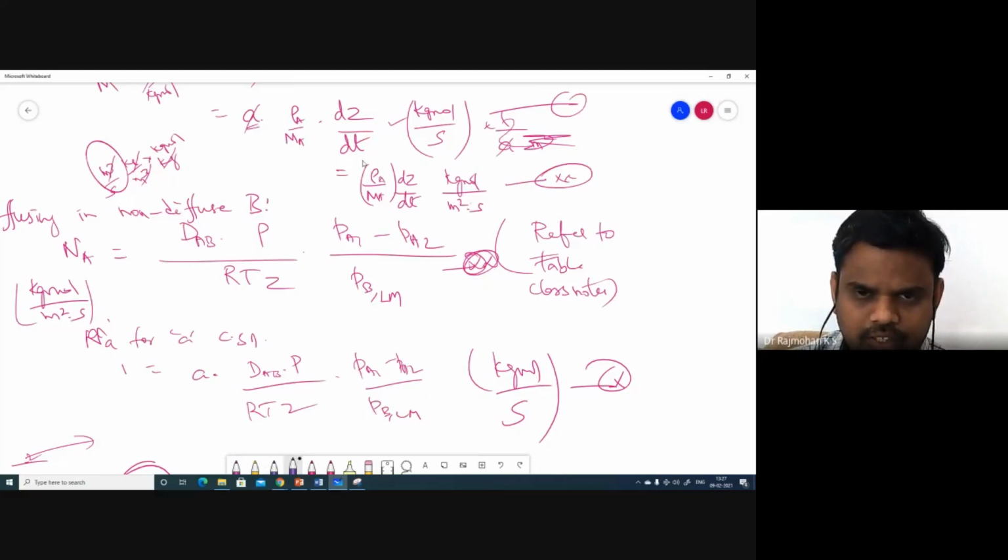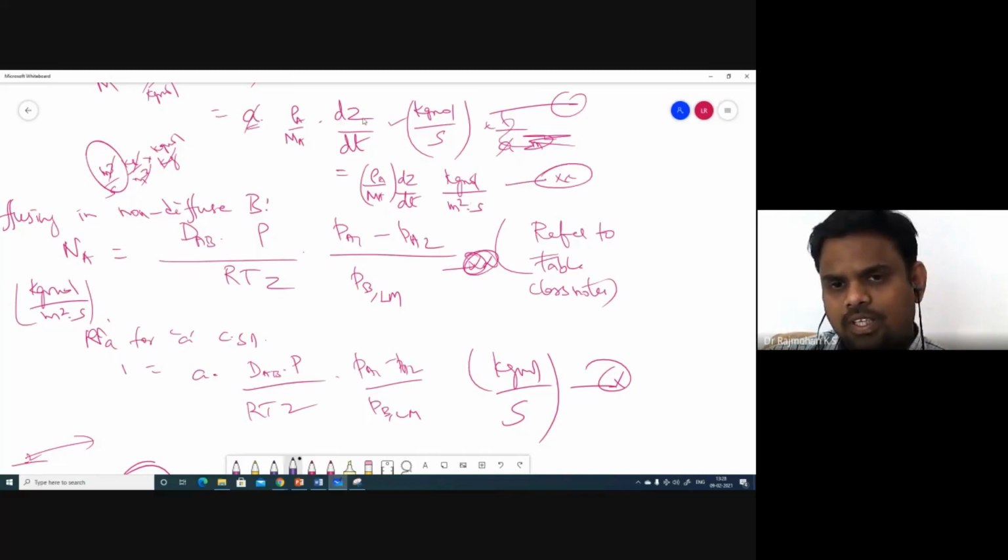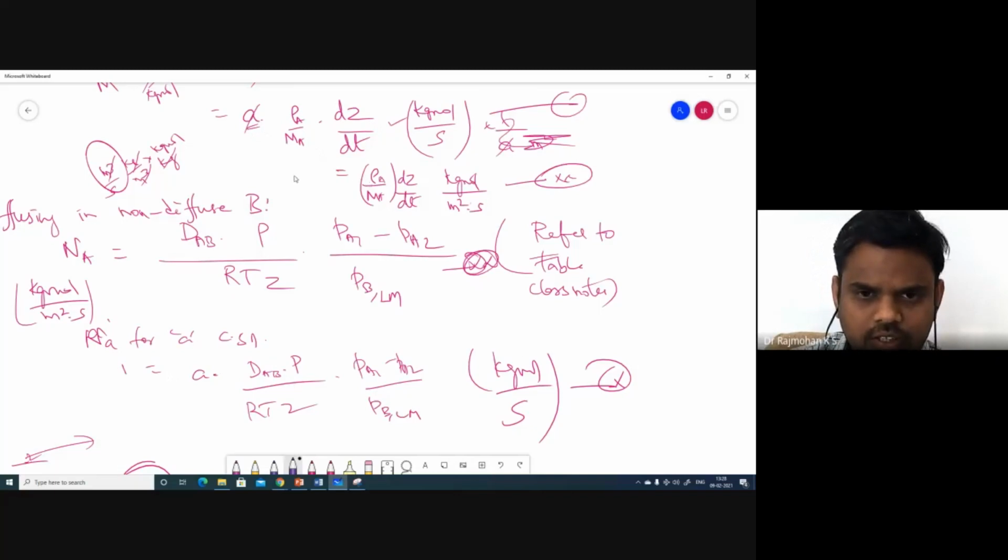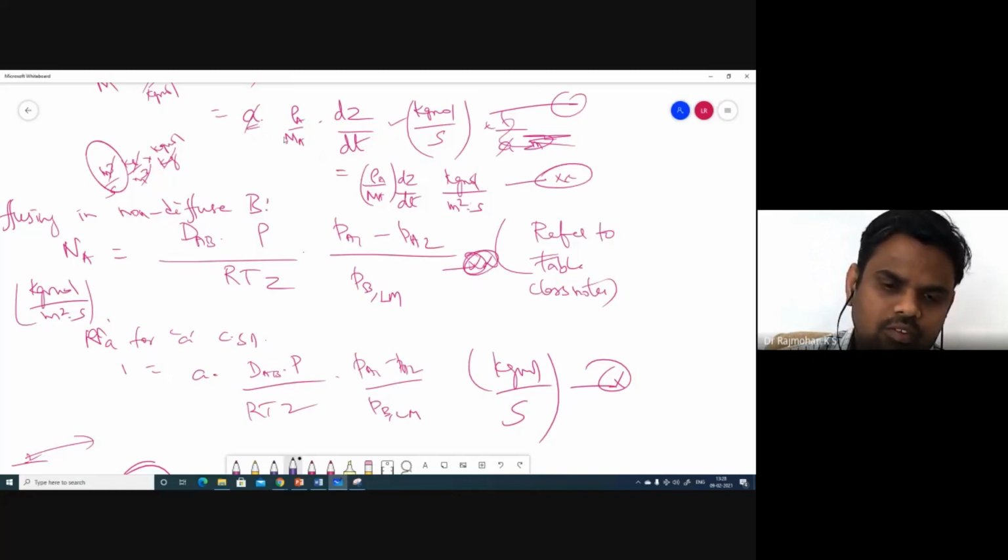Time dt is given, rho by M. So volume is A into dZ. So dV, change in volume, if I say how much volume is lost, it is meter cube per second, right? So how much cc per second is lost, we can take from this expression and equate to the right hand side, and we can arrive at the answer.